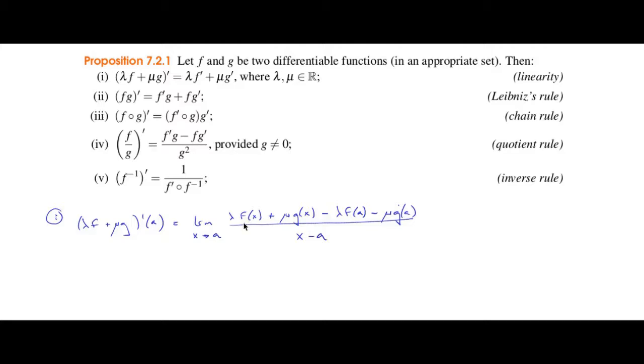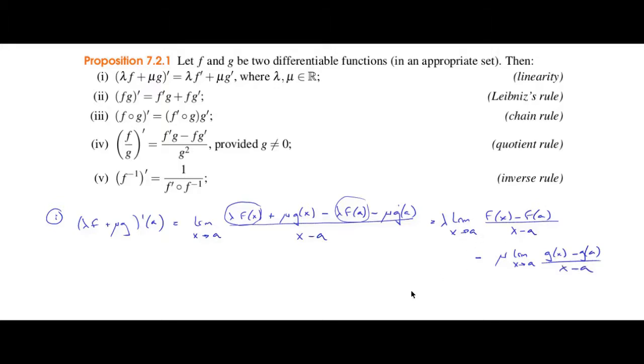But then it's easy to see that you can separate the parts related to f and the parts related to g, right? So then we have the limit when x goes to a of f(x) minus f(a), and then we have a common factor lambda, we can take it out, divided by x minus a, and then the same thing for mu, the limit when x goes to a of g(x) minus g(a) divided by x minus a, right?